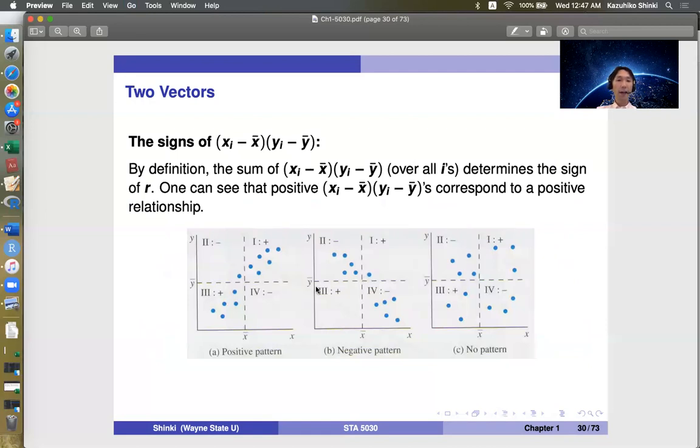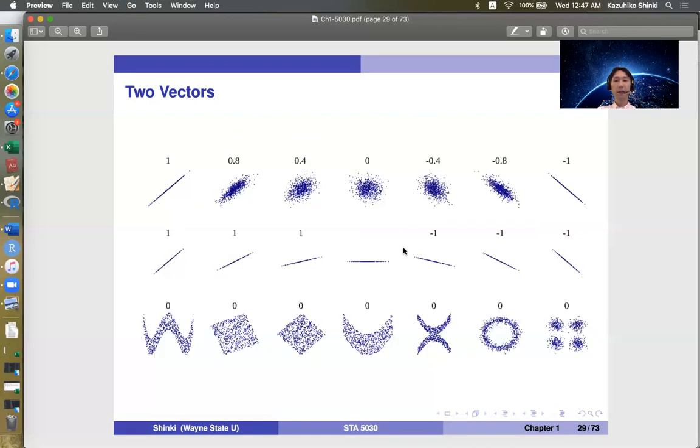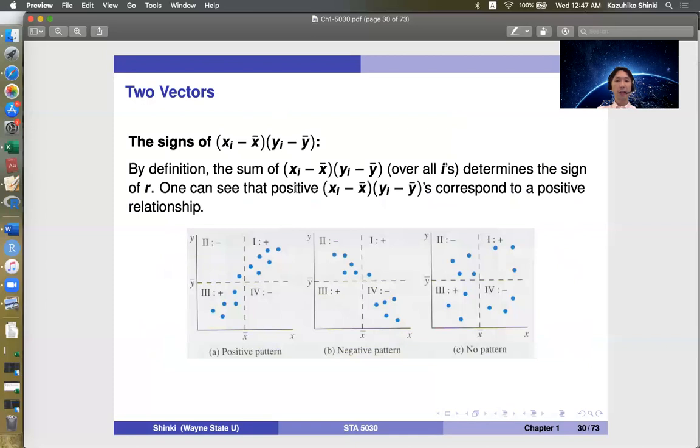And why is this kind of graph true? I mean, why can just one number represent the positive or negative relationship between x and y? The answer is here. Remember that in the definition of the correlation coefficient, we have the summation of parenthesis xi minus x bar times parenthesis yi minus y bar.